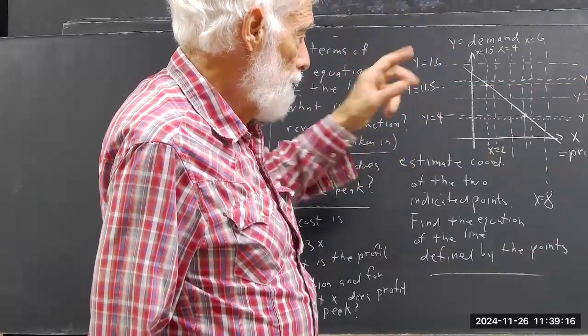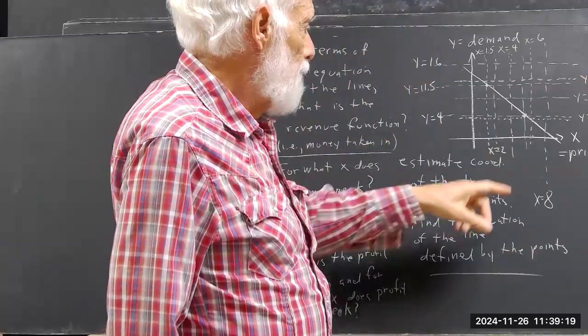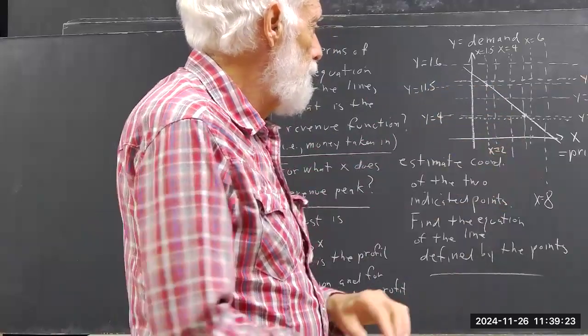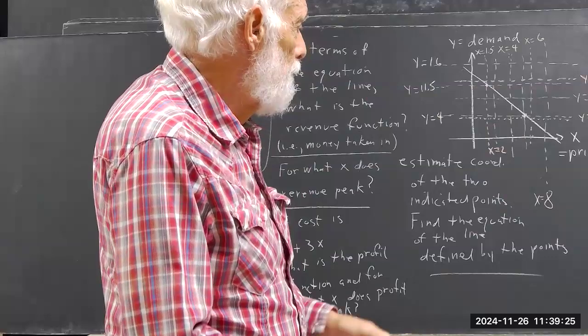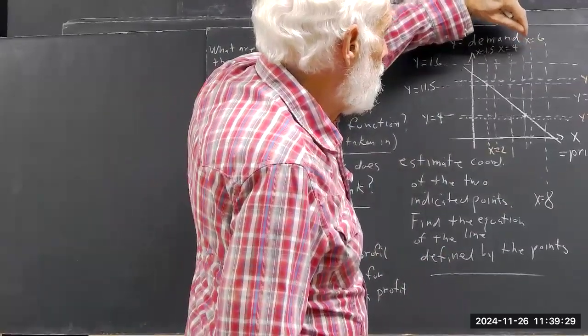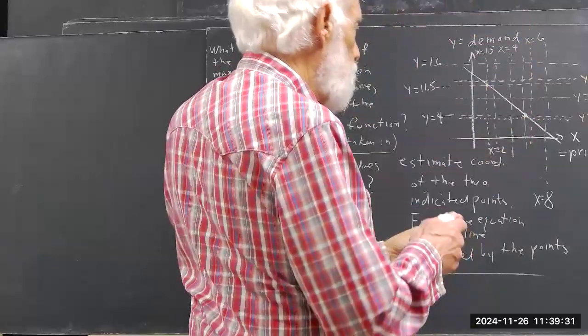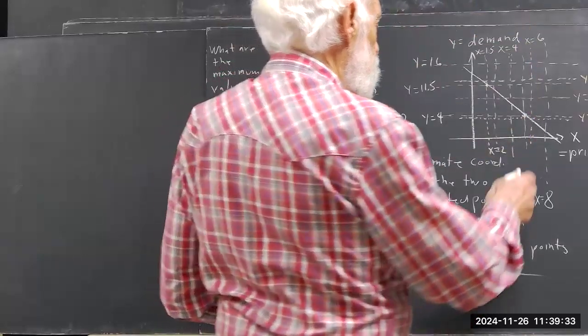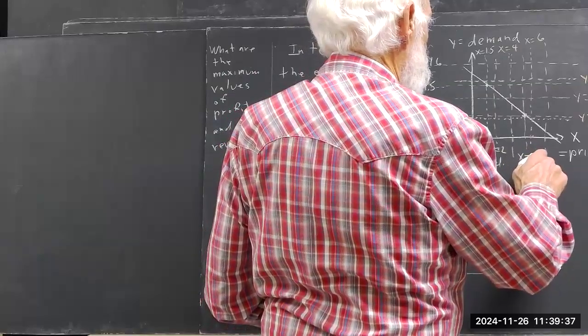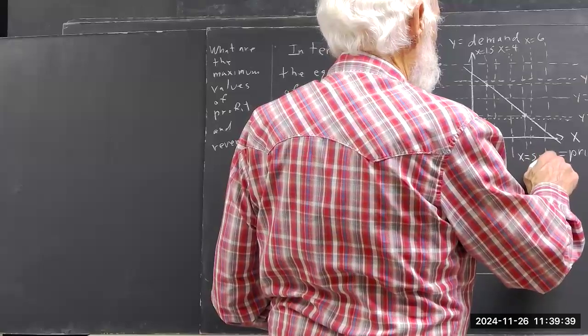Let's go with 11.5 right now. Okay. And then if we set the price at, I didn't estimate this coordinate. Okay. Now here would be x equals 6. So the coordinate at this point would be maybe, I'll say x equals 5.5.